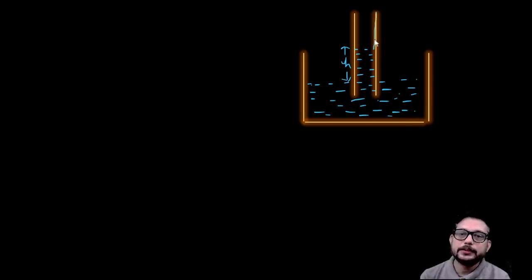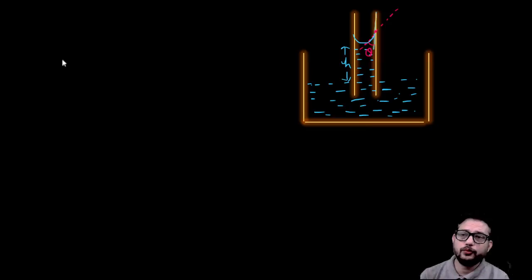So the shape of the upper layer will be like this, and we have an angle of contact. When we draw a tangent, this is your tangent on the water surface at the point of contact, and inside the liquid, this is your angle theta, or we can simply say the angle of contact.